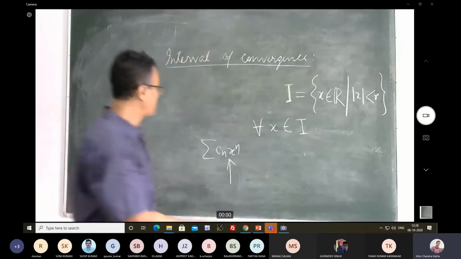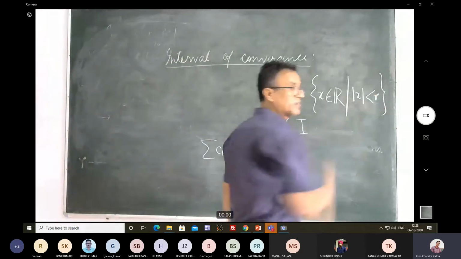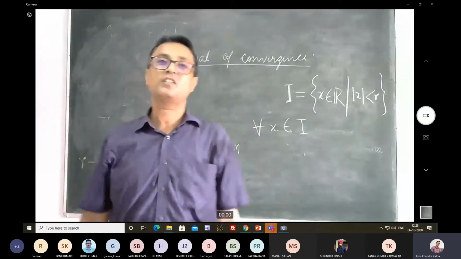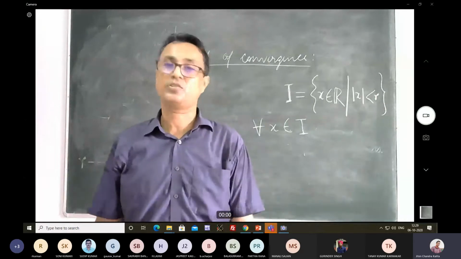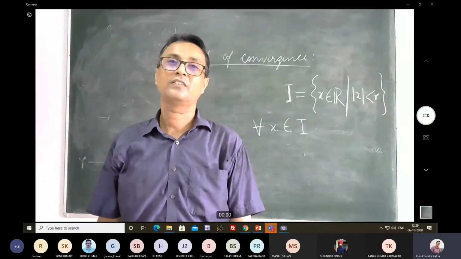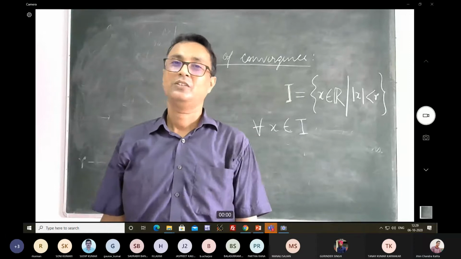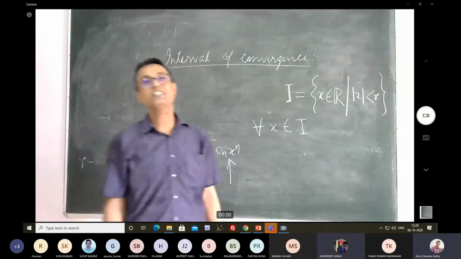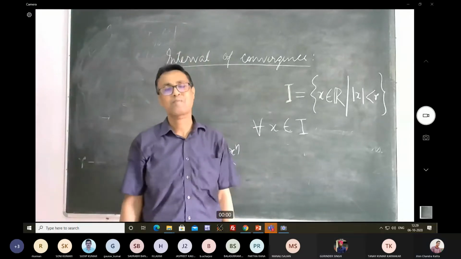So that means if r is infinity, then the interval of convergence is nothing but the set of real numbers. Okay, fine. If r is 0, then what is the interval of convergence?